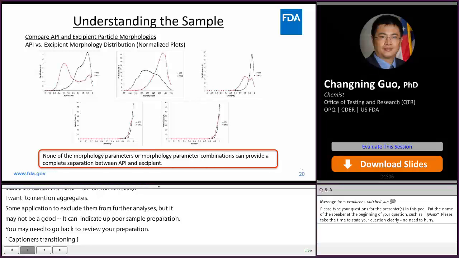The morphology parameter plots shown here indicate that the best separation of the API and excipient particles can be provided by aspect ratio or intensity mean, which indicate that those two parameters could be the best filter candidates for morphology screening. Another information we learned from those plots is that none of the morphology parameters can provide a complete separation between API and excipient particles. That's why morphology can be only used as a screening tool.